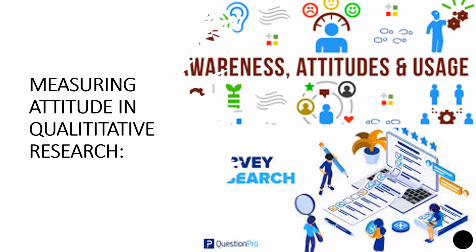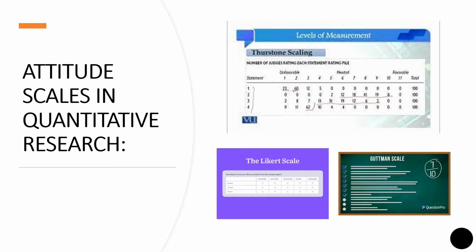But such techniques are lacking in qualitative research. This is mainly because in qualitative research, you do not make an attempt to measure or quantify. The concept of attitudinal scales, therefore, is more prevalent in quantitative research than in qualitative research. It is increasingly used in quantitative as compared with qualitative research.